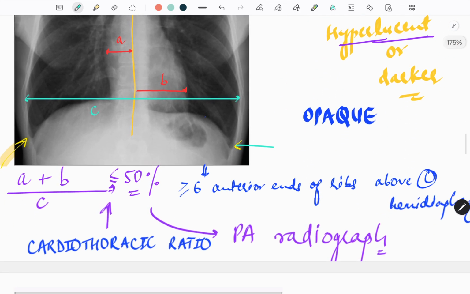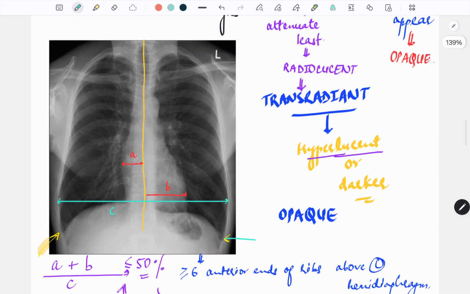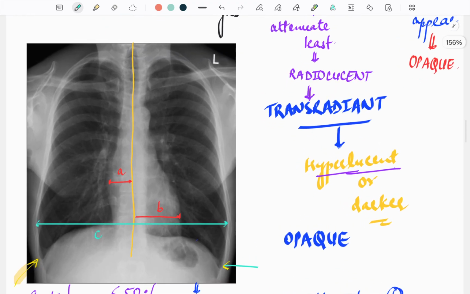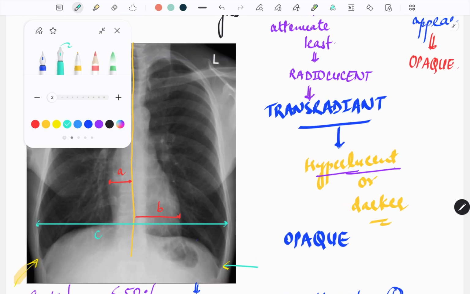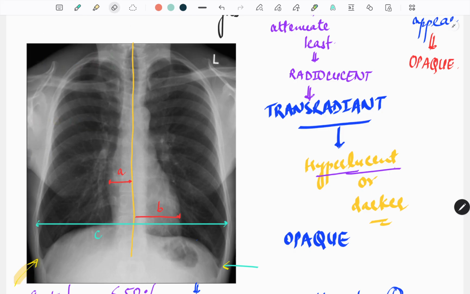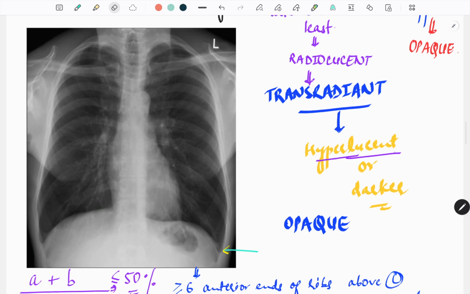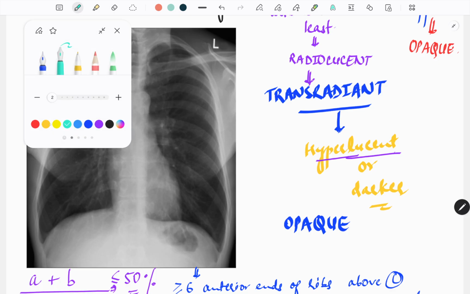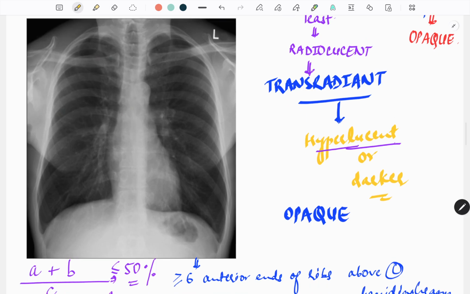We'll see what the cardiac borders are. This is the right cardiac border. This is the left cardiac border.